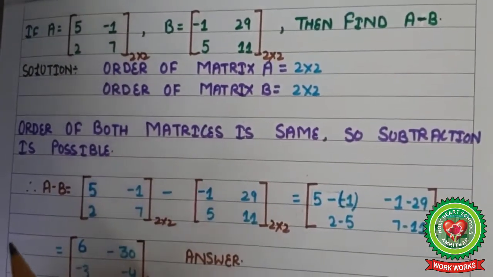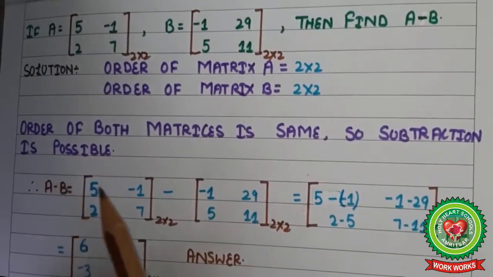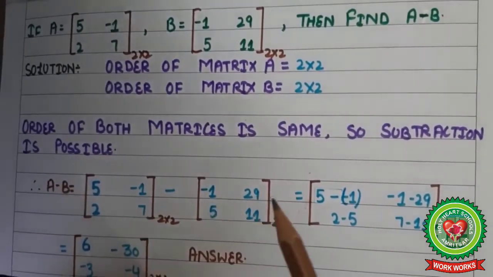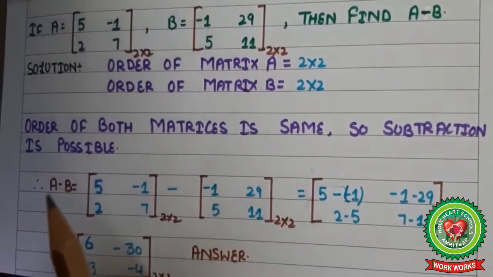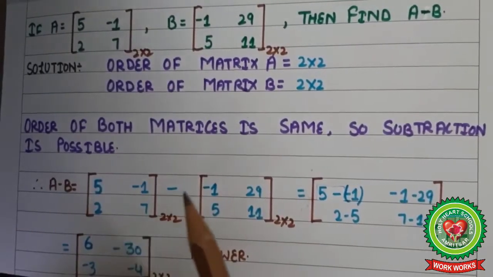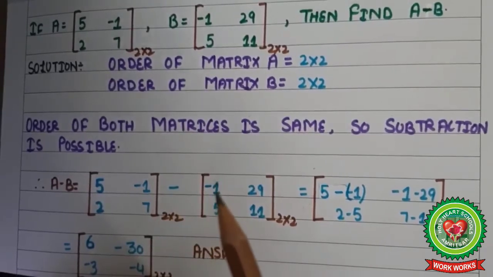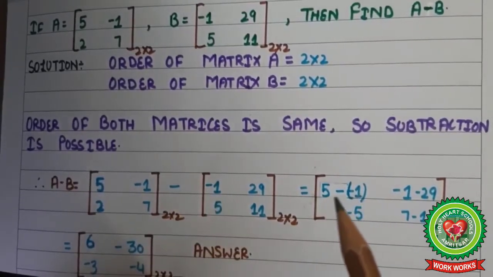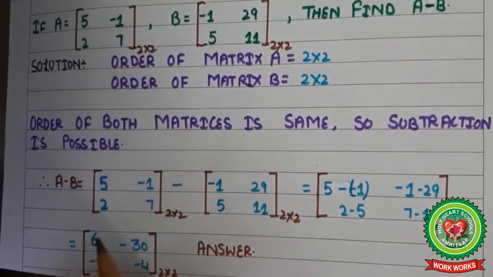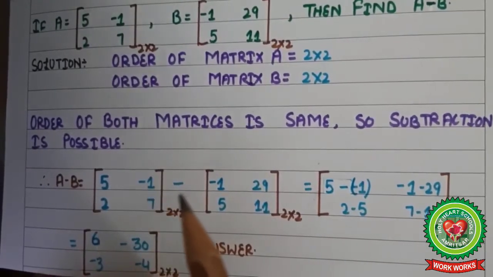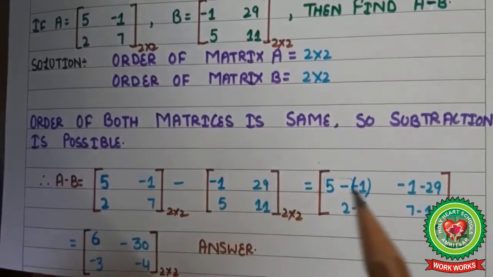Start with the subtraction. A minus B, minus sign, write down the value of both the matrices. Now start subtracting. First element of first matrix, then this minus sign and minus 1. Now two minus signs, it will become plus. 5 plus 1, answer will be 6. Then minus 1, minus 29.